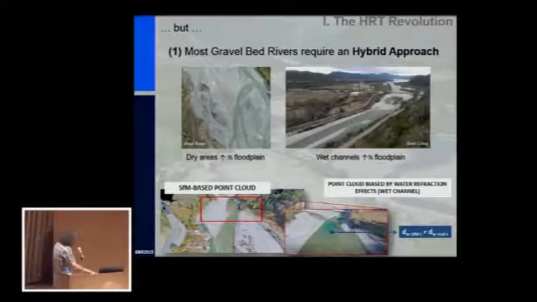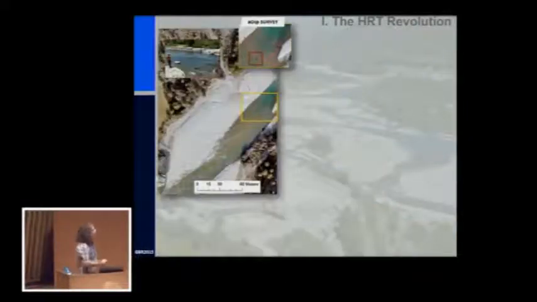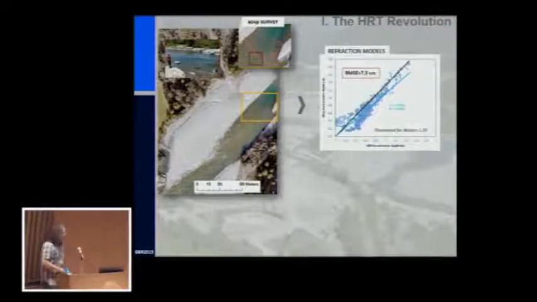So, of course, we can get some real data with an ADCP linked to an RTK GPS, so we can get real estimates of the water depth using this system. And from these real estimates, we can then make these refraction models, in which we convert the water depth that we estimate with structure from motion to a real water depth.